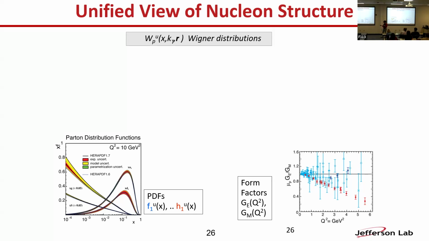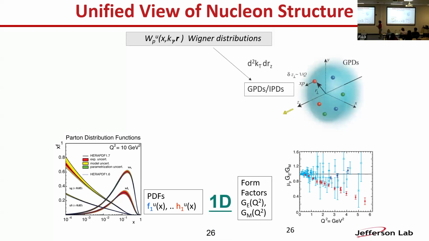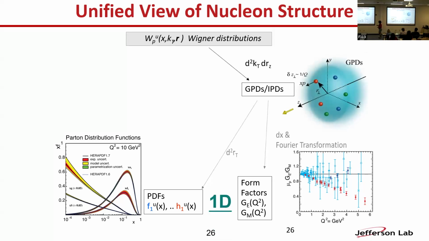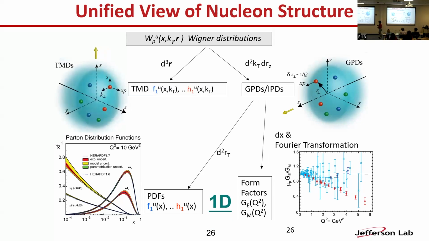Here in momentum space is the parton distribution function; in coordinate space you have the form factors. This is 1D. If I want to extend to a three-dimensional world, I introduce two new classes of function: the generalized parton distribution function and the transverse momentum dependent parton distribution function.